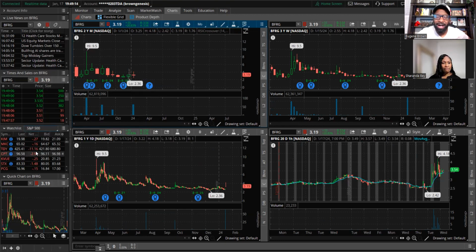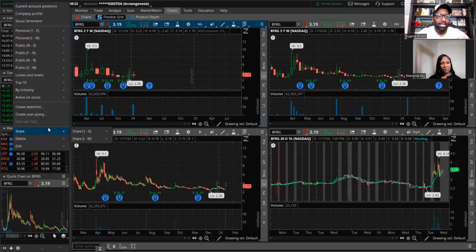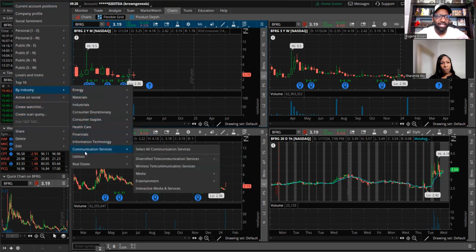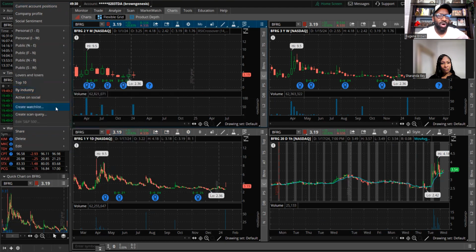So it's a powerful setup to be able to get to where you want to get to and find what you're looking for. Then, if I'm looking for something by industry, all of that is here. If I need to create a watch list, I can certainly do that. If I need to create a new scan, I can do that as well.